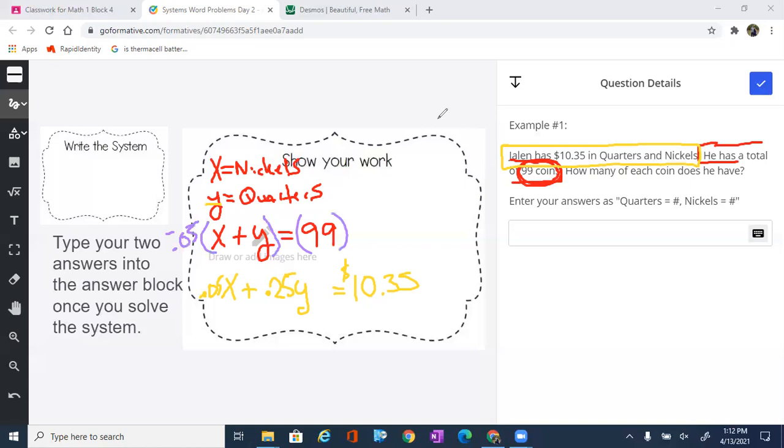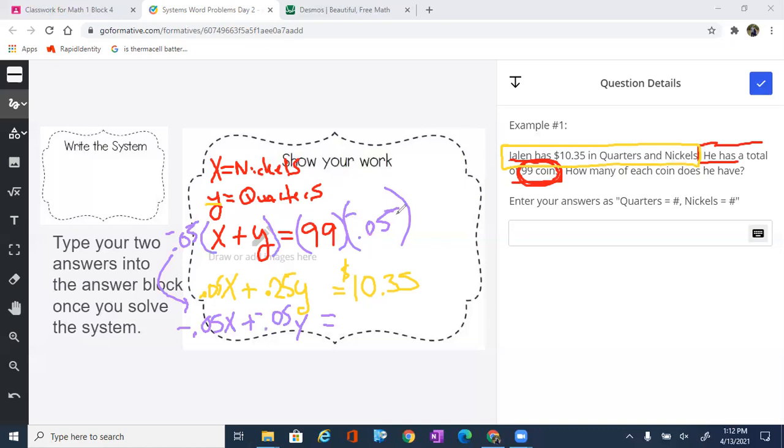And remember, what we do on one side, we have to do to the other. Okay. So what that gives me is negative 0.05X plus negative 0.05Y equals 99 nickels.